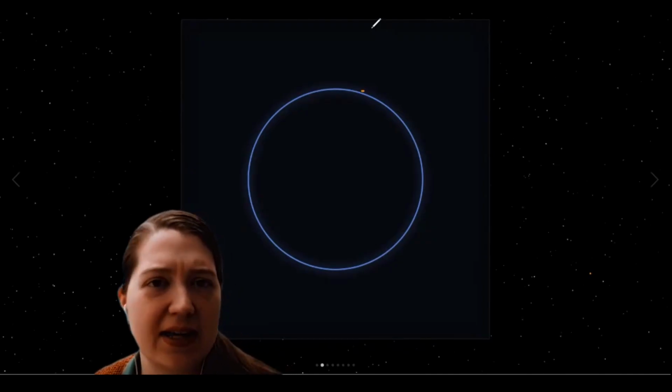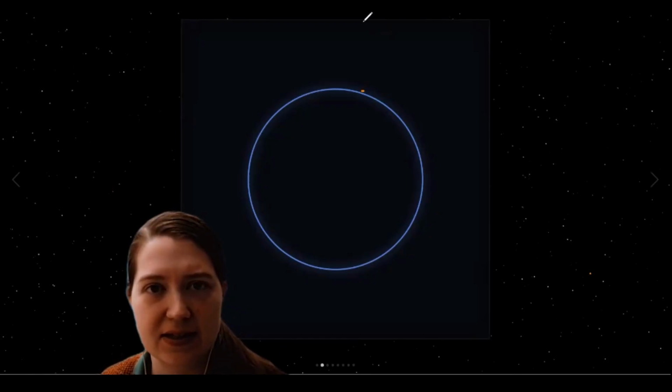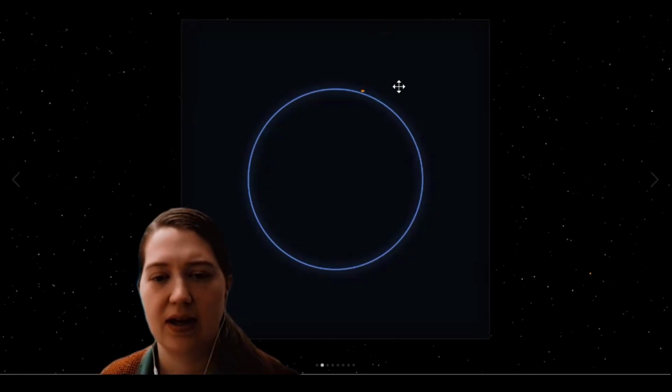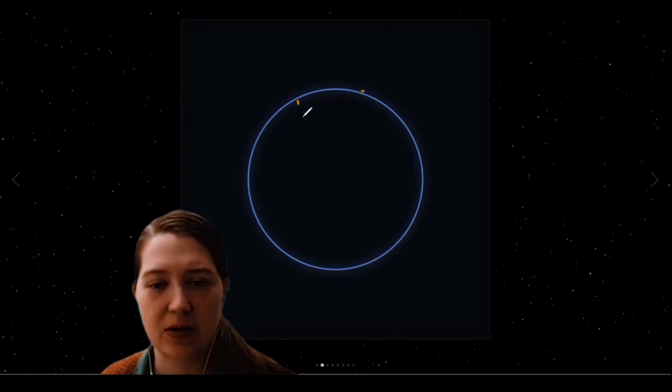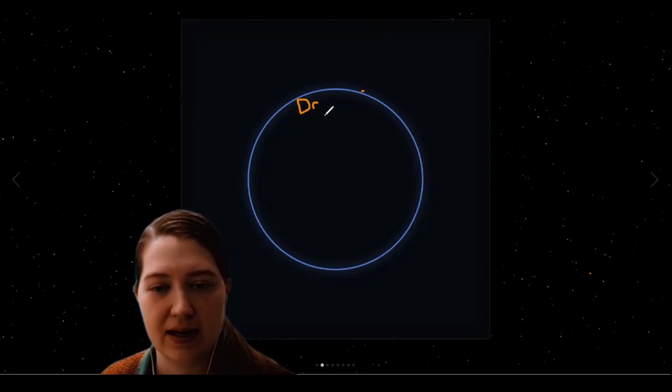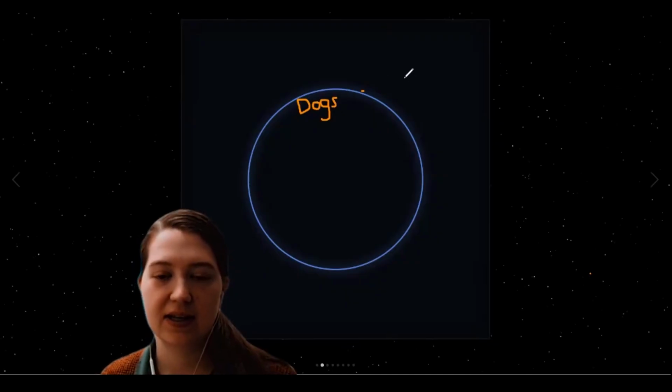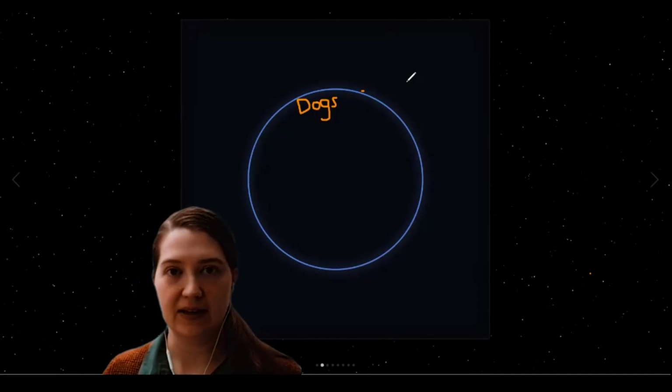So let's say that the way that I've categorized things in my universe is, let's use the category of dogs. In that case, this circle represents, again, the category of dogs.